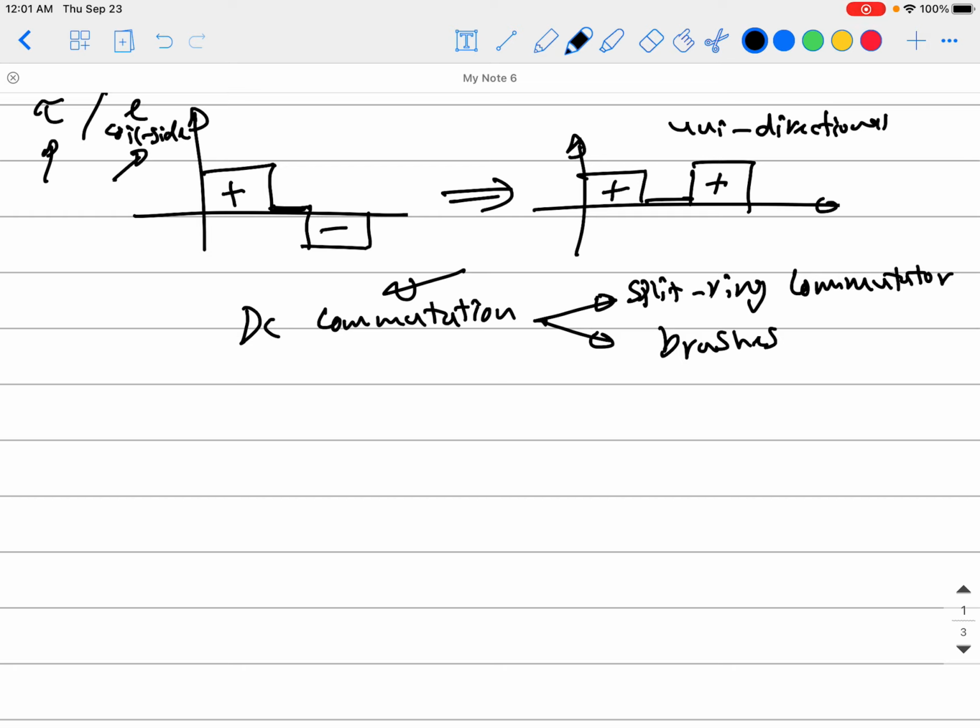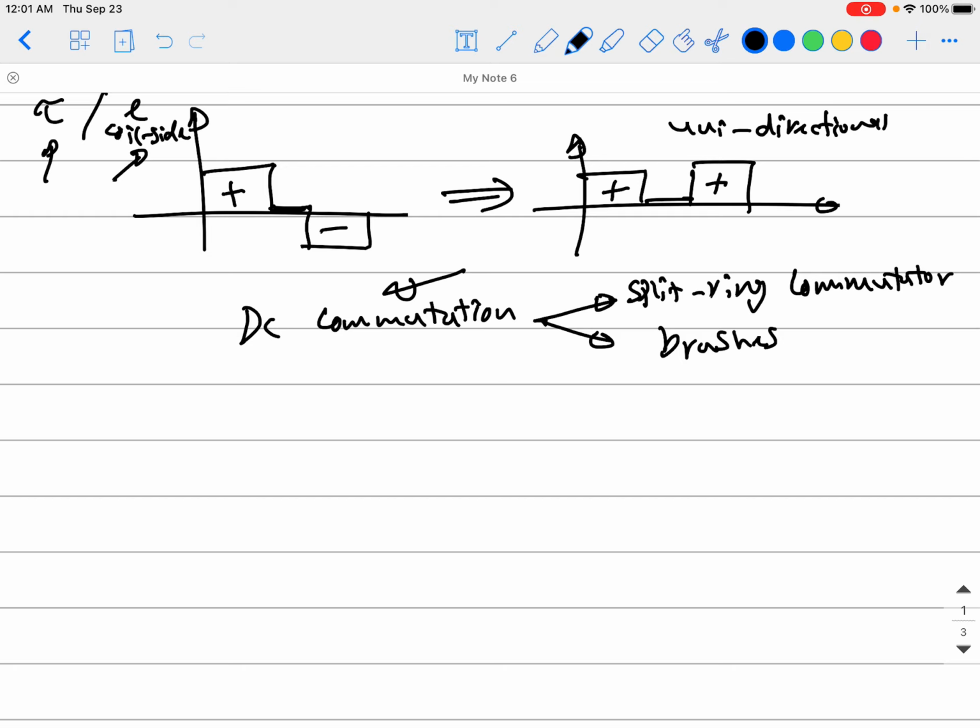The modern day power electronic DC to AC inverter does the same job as the commutator and the brushes do in a DC motor, because it takes the outside DC voltage applied to the motor and makes it positive and negative inside, to make the torque unidirectional.